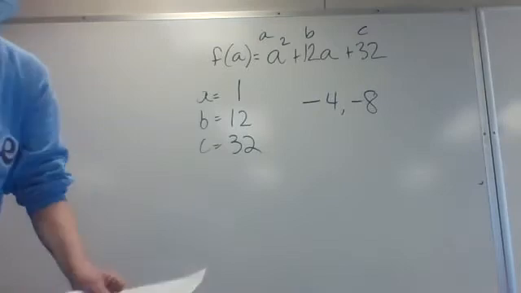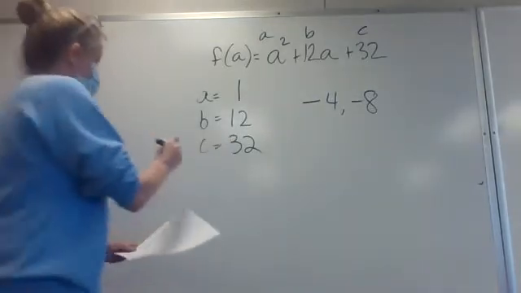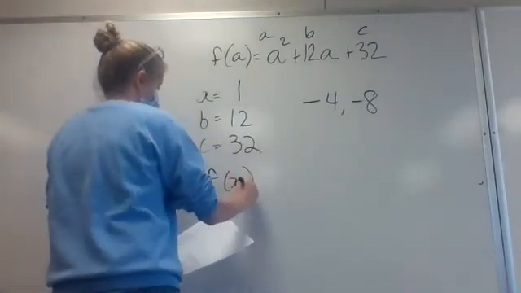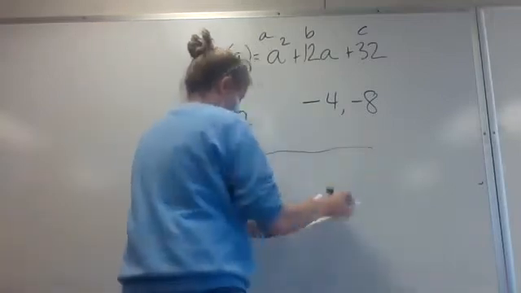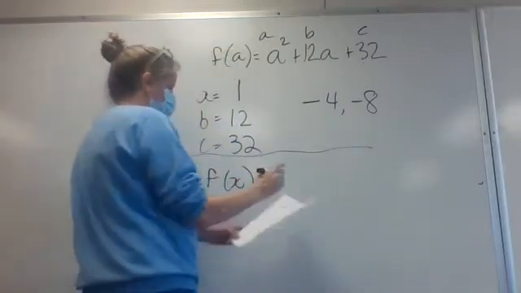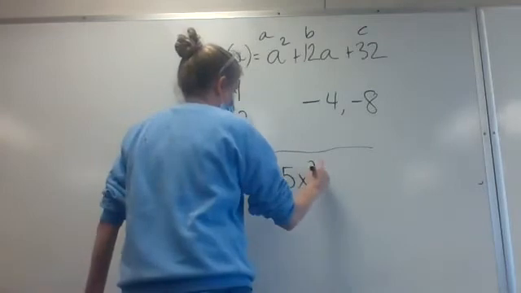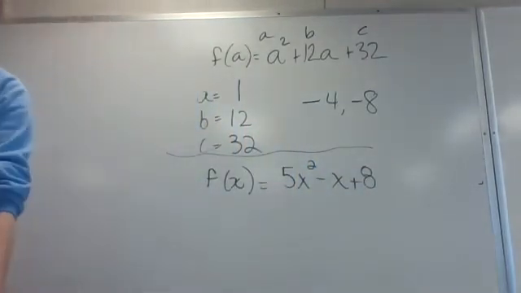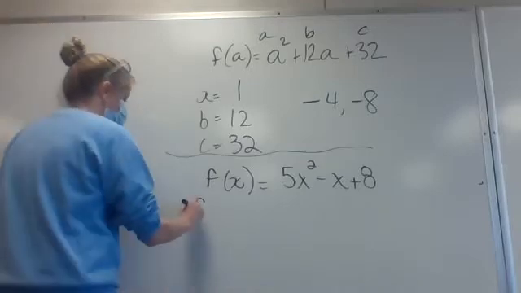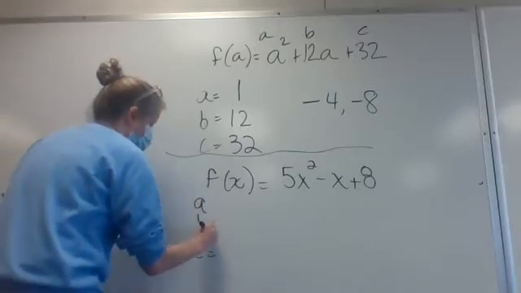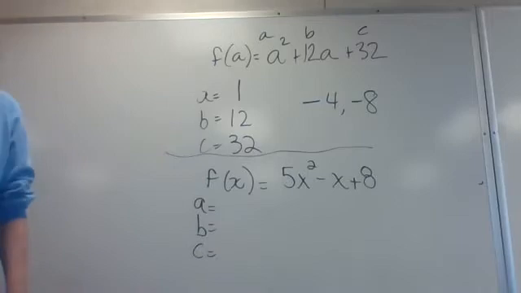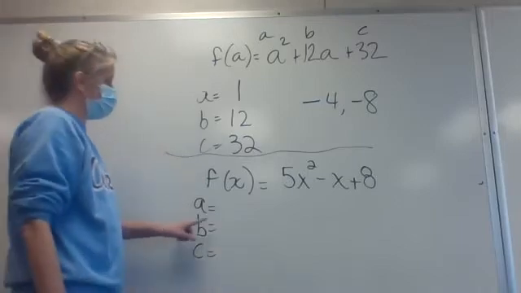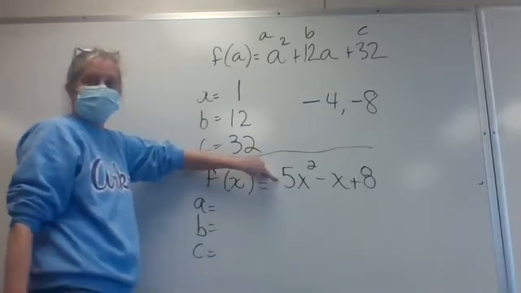Number 6 is the same exact kind of problem. f of x equals 5x squared minus x plus 8. So again, it wants to know what your A, B, and C are. This time, what's A? 5.